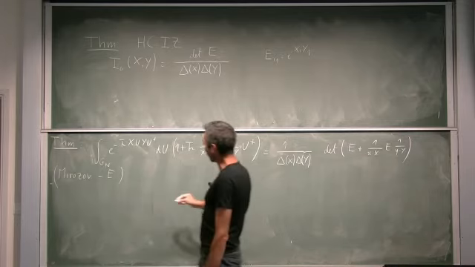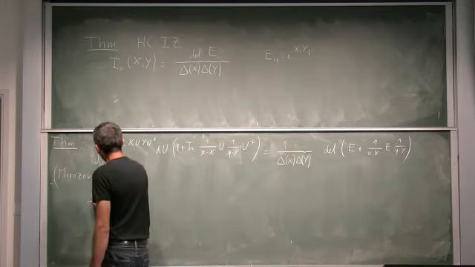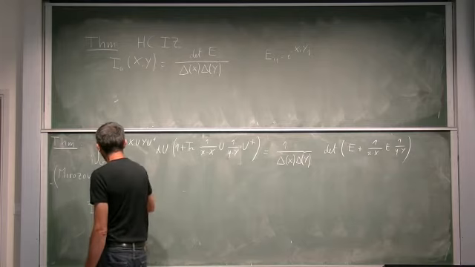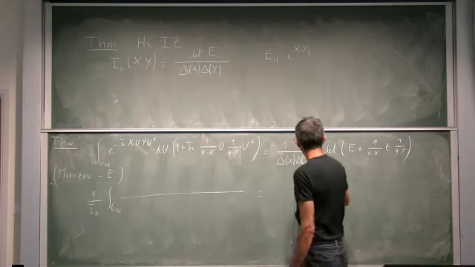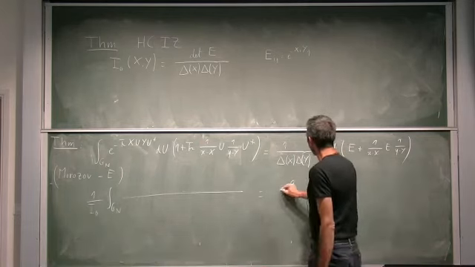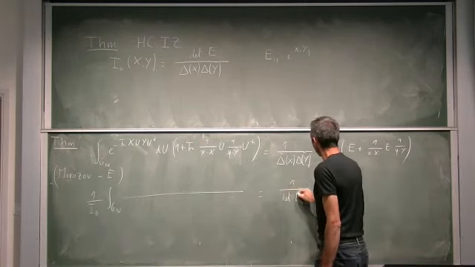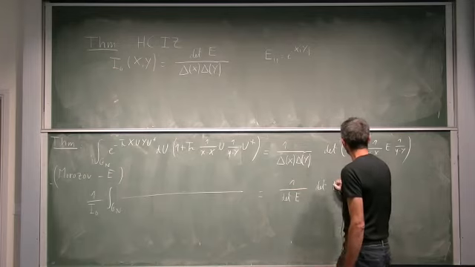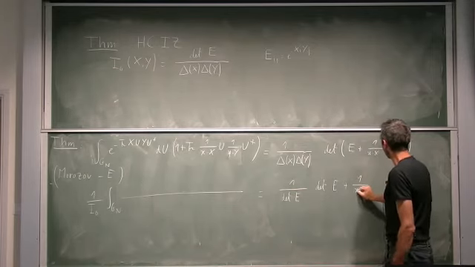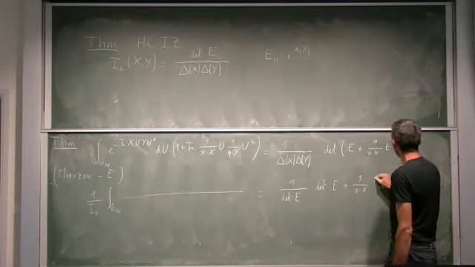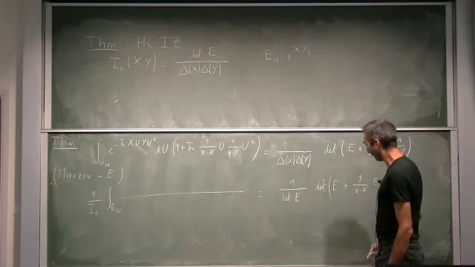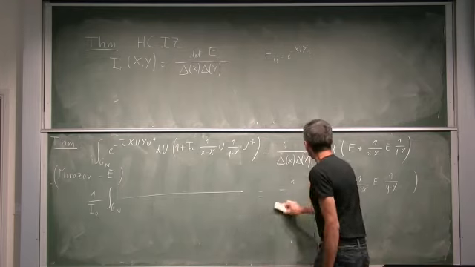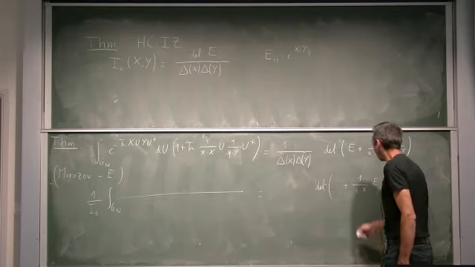Another way of writing it is that if you divide by I0 of the same quantity, it is 1 over det E times det of E plus 1 over x minus X, E, 1 over y minus Y. Okay, and you can put this one inside.